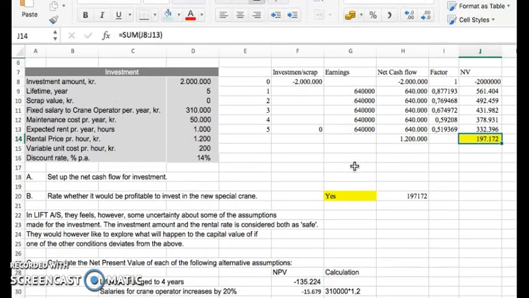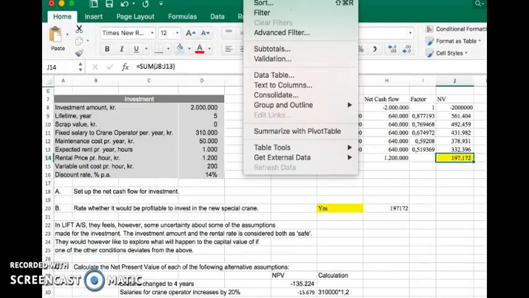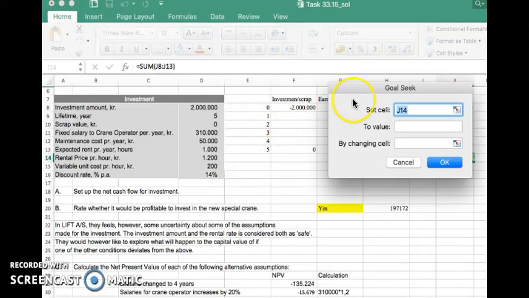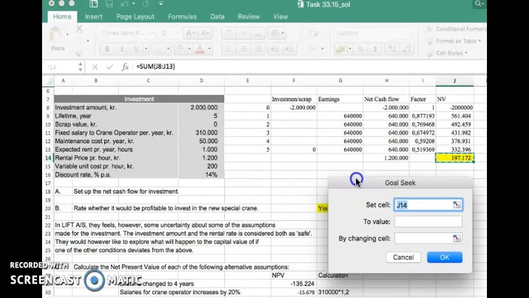Now the next part might be considered more interesting, because here we need to go in and use the function goal seek. The way we do it is that we go in to tools, the function, then we say goal seek. In this case, we need to focus on what cell we are focusing on.